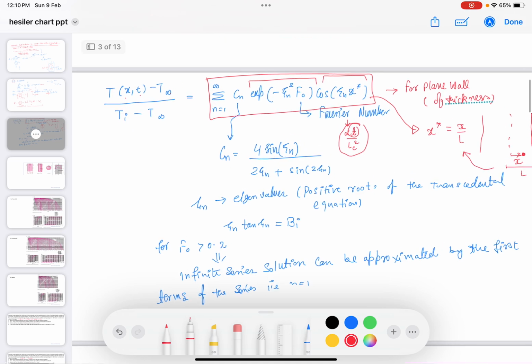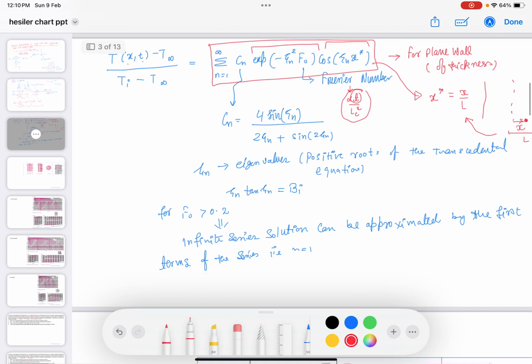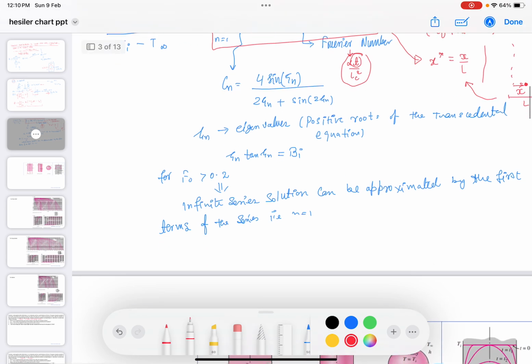The second term, the cosine term, takes care of the positional variation of temperature. And what is this C? C is a coefficient which is dependent on the positive roots of this transcendental equation.